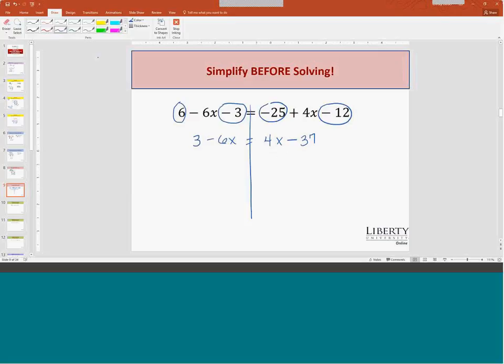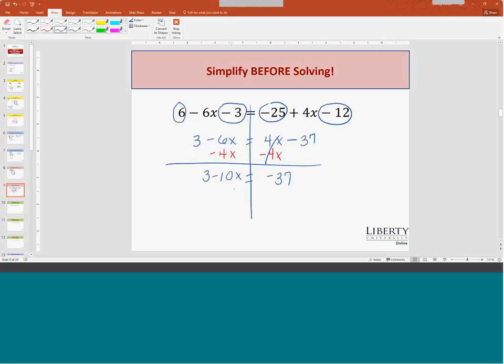So what we'll do is continue solving the equation. We need to eliminate one of these x terms. And I'll choose to eliminate the 4x on the right, just to keep x on the left. That's where we're used to seeing x. You just bring that 3 down, equal to, that becomes 0 minus 37.